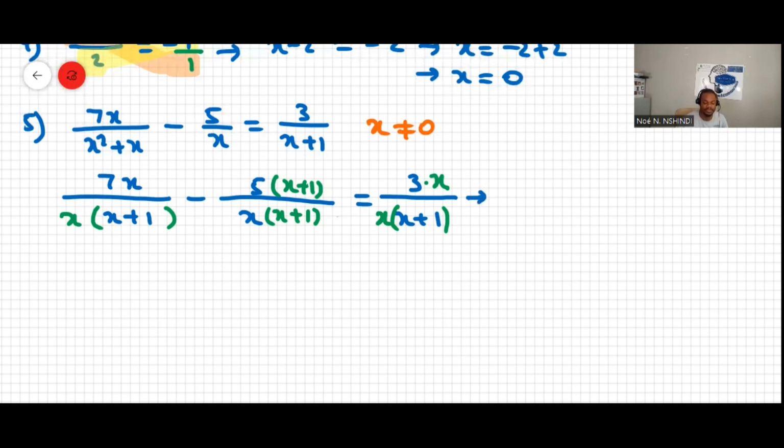This will be 7x minus, what would that be? 5 times that and 5 times that. So we need to take into account this negative sign. It will be -5 times that. That makes -5x, and then -5, equal to 3x. Then 7x minus 5x is equal to 2x.